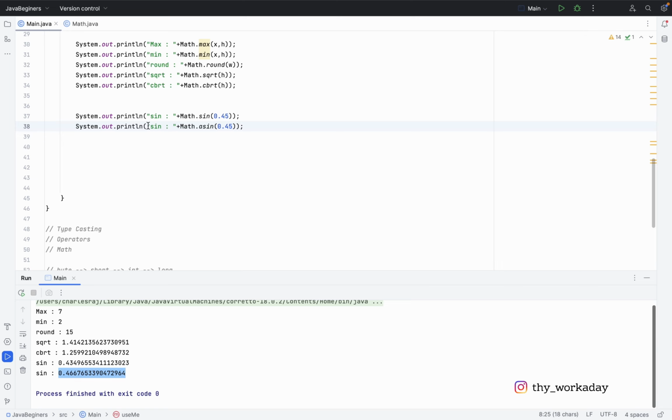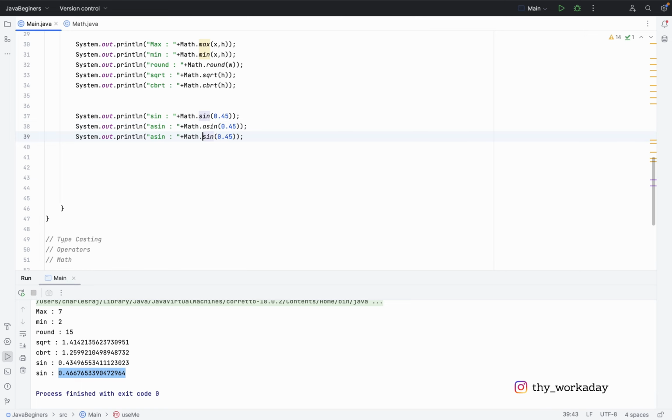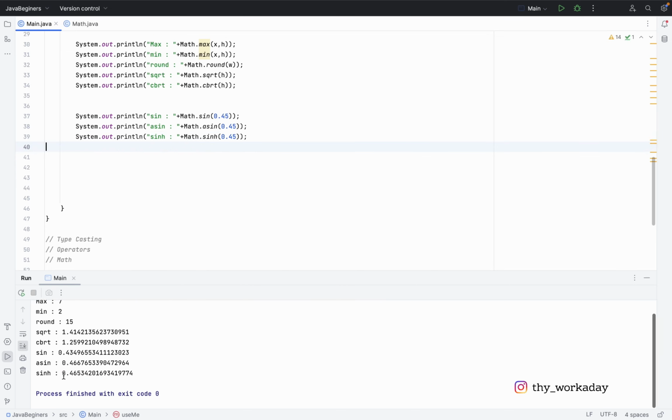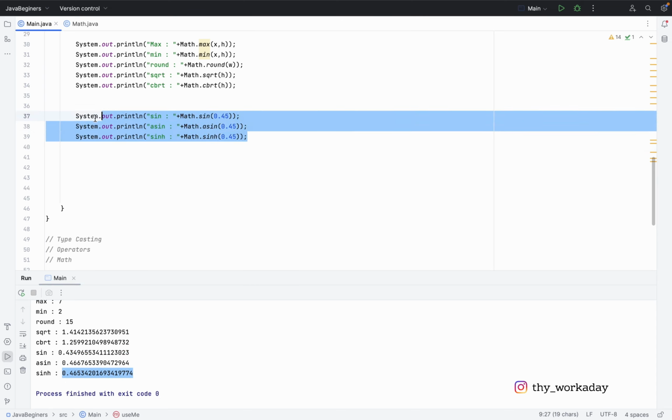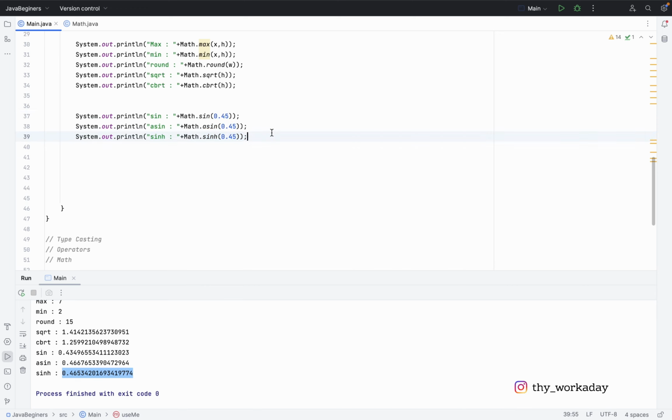So this is arc sine. So you have sinh, sinh value. So here itself you have sine, arc sine and sinh. You can calculate everything like here. If it's a mathematical application, you can get all those things from here.